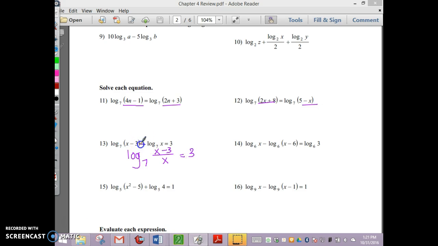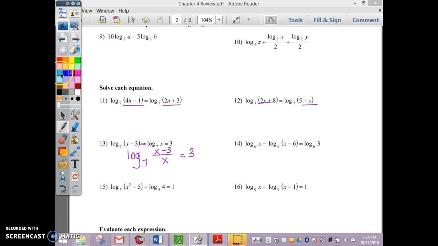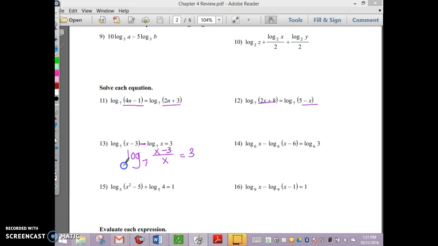So subtraction condenses to division, and now we're going to get rid of this log base 7 with an exponential base 7. So 7 to the log base 7 is going to cancel, and then we have (x minus 3) over x is whatever 7 cubed is. I think it's 243. 343.